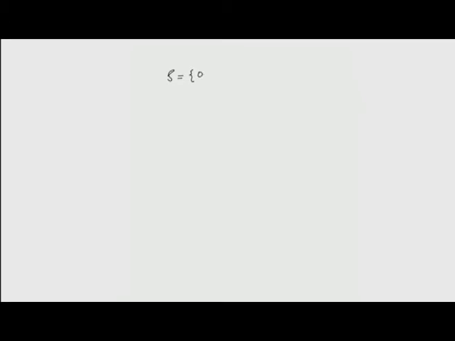Here we are starting from the set, let us call it S, which is 0 1 2, and our relation is not equal to. So, if we try to write the set corresponding to the relation, let us write like this.